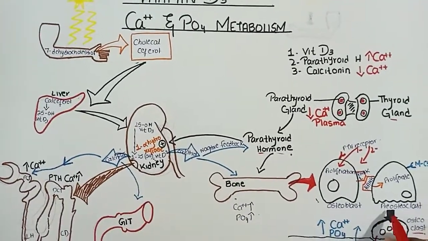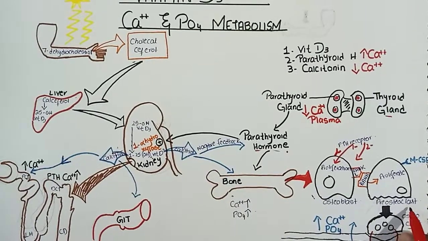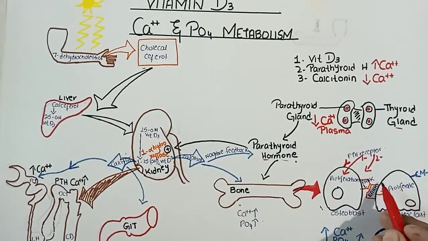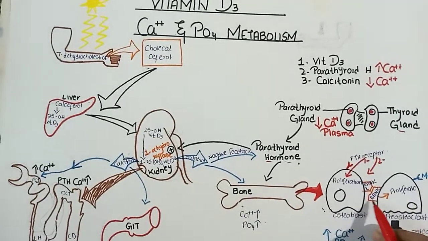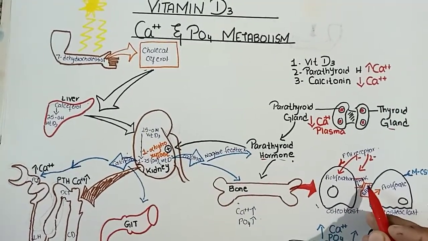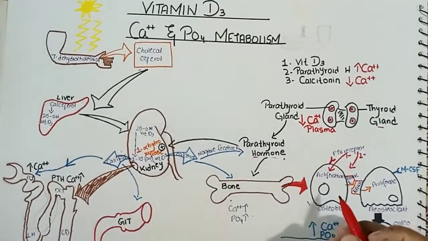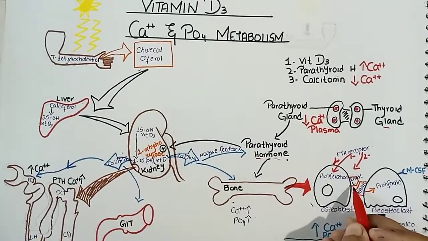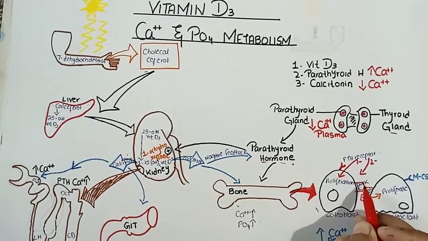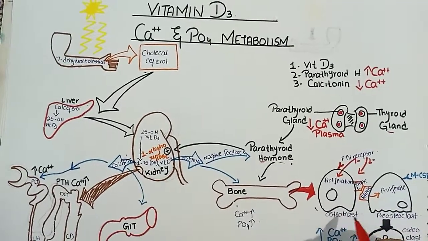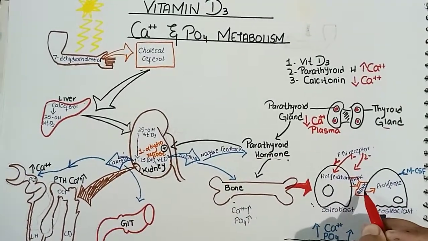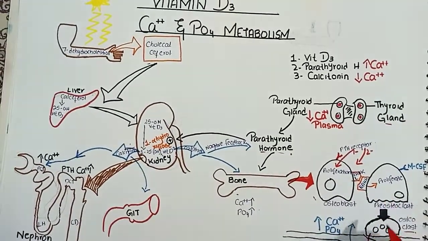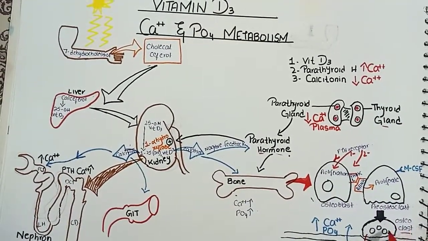The pre-osteoclast is the immature cell, and on the surface of the pre-osteoclast is the presence of the RANK receptor. As the RANK receptor of the pre-osteoclast joins with the RANK ligand receptor of the osteoblast, the proliferation of the pre-osteoclast occurs to convert it into the mature osteoclast.